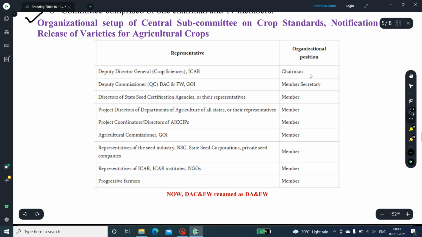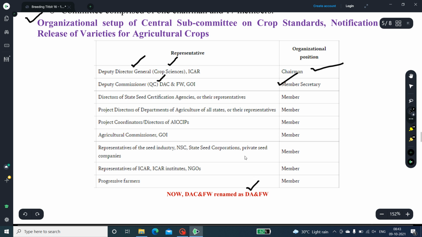And the chairman of the Central Subcommittee on Crop Standards is the Deputy Director General Crop Sciences of ICAR. The member secretary is the Deputy Commissioner Quality Control, DAC and FW. Now it is renamed as Department of Agriculture and Farmers Welfare, Government of India.